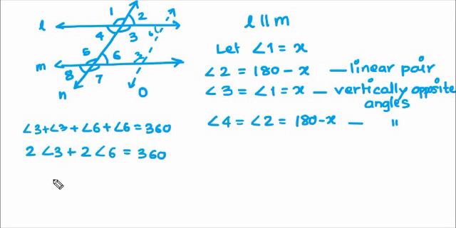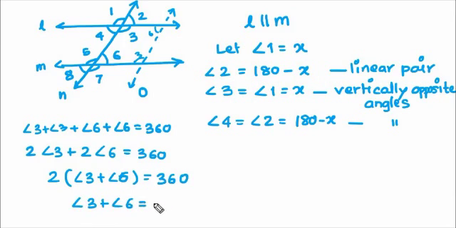Now, if we take 2 common, then 2 times (angle 3 plus angle 6) is 360, and angle 3 plus angle 6 is equal to 180.